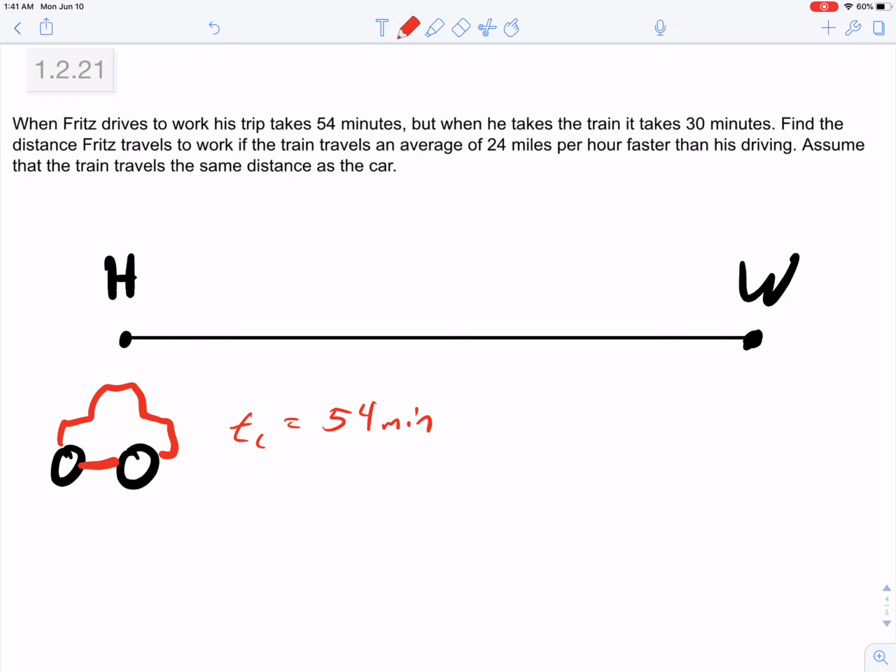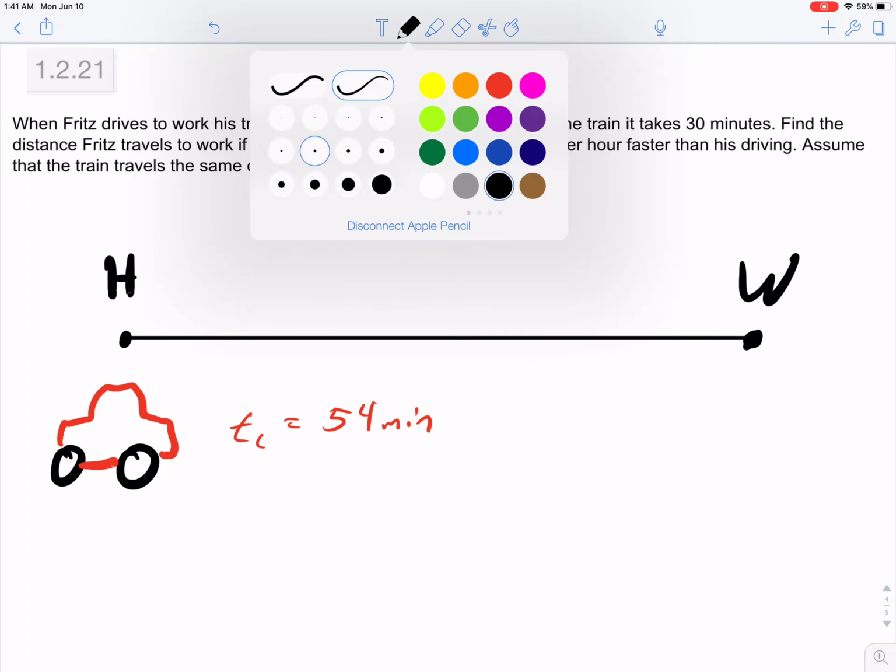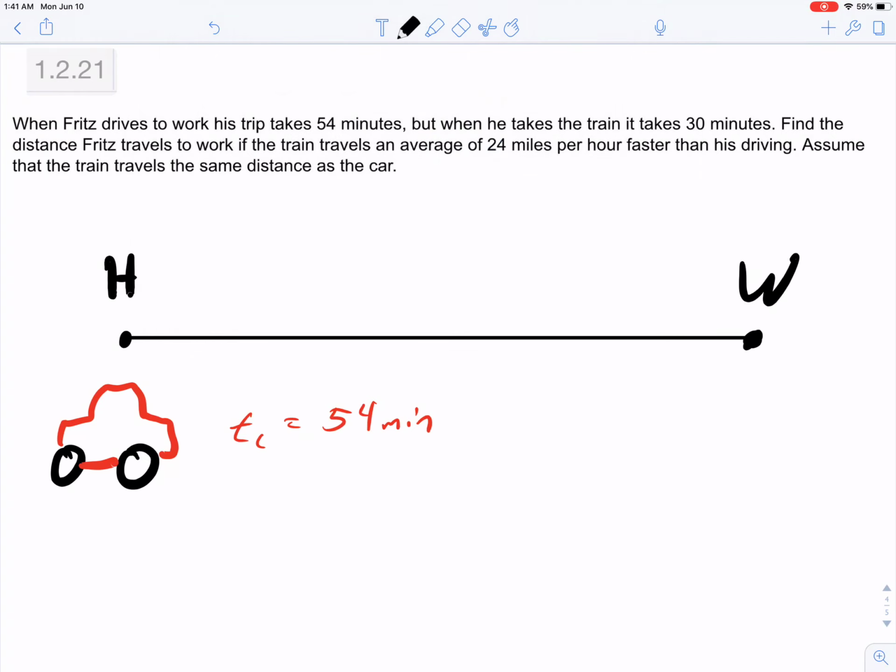But when he takes the train, it's 30 minutes. So for the train, we'll just do something quick. Okay, that's our train.